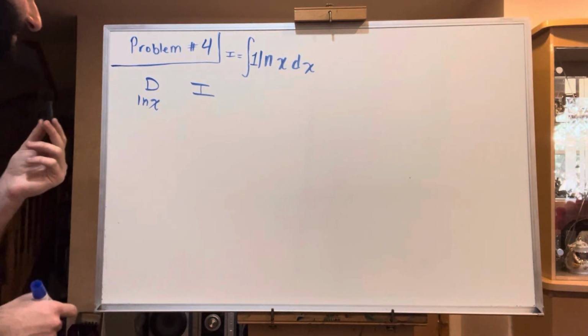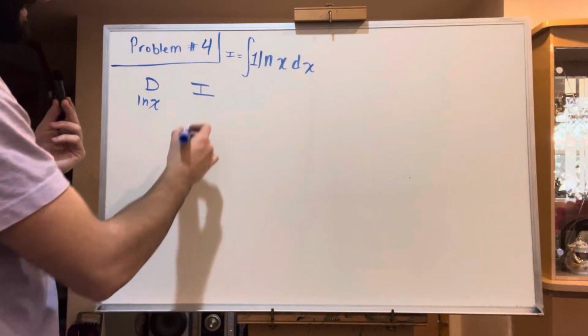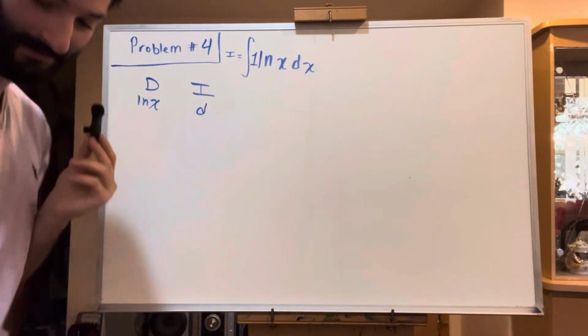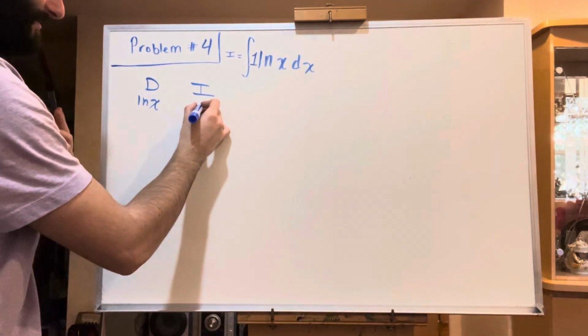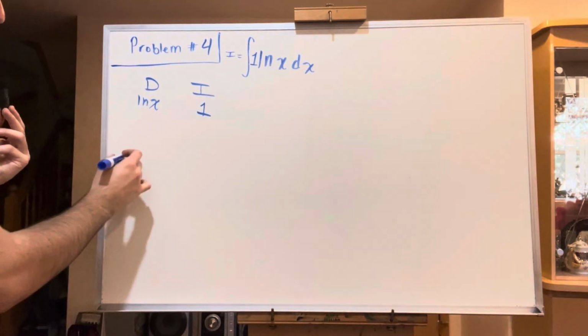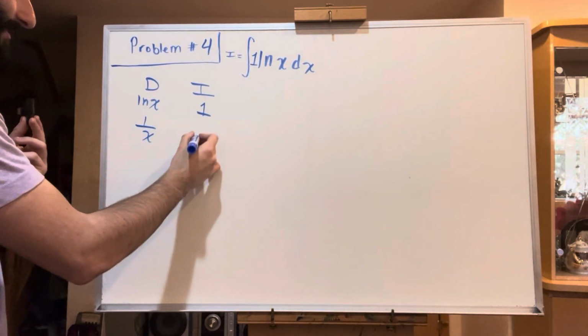So our dv is actually set to 1 dx, or just 1. Let's see what happens. Differentiate, we get 1 over x. Integrate, we get x.